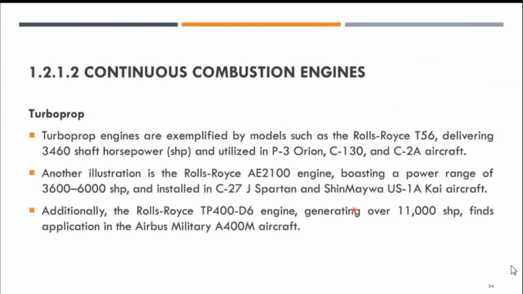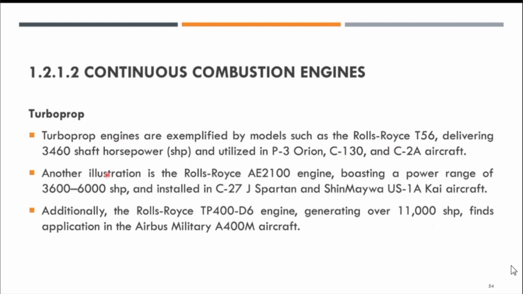The turboprop engines are exemplified by models such as the famous Rolls-Royce T56, which is utilized in the P-3 Orion or C-130 Hercules. Maybe you hear the name Hercules more than C-130.